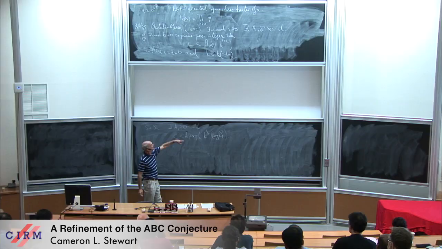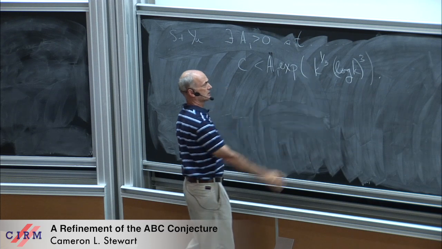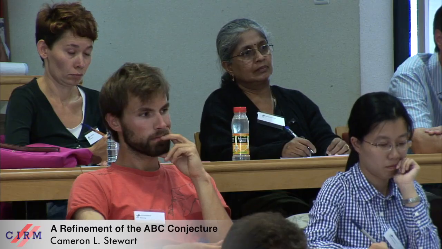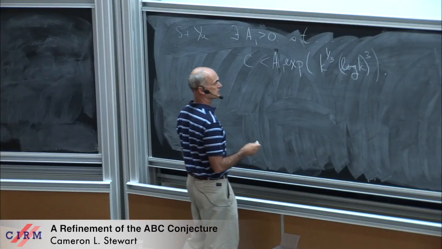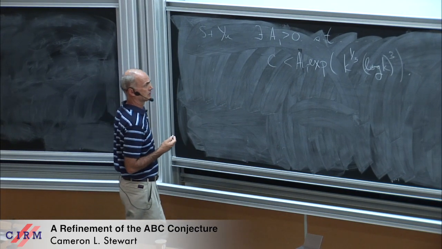Where, again, k is the greatest square free factor of ABC, and a plus b is equal to c. Okay, so of course, this is a long way from the truth. Nevertheless, it's at least an upper bound in terms of k.